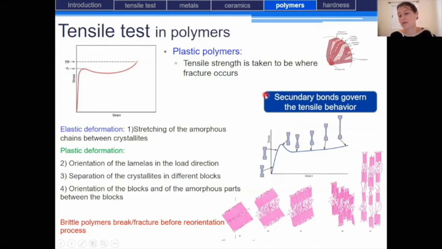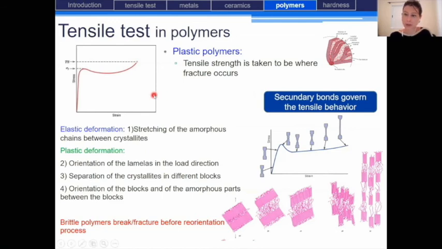If the secondary bonds between the chains are of high energy, it will require more load or more stress for the chains to align and for the crystals to break upon tensile stress. That's why we say that secondary bonds govern the tensile behavior in polymers.